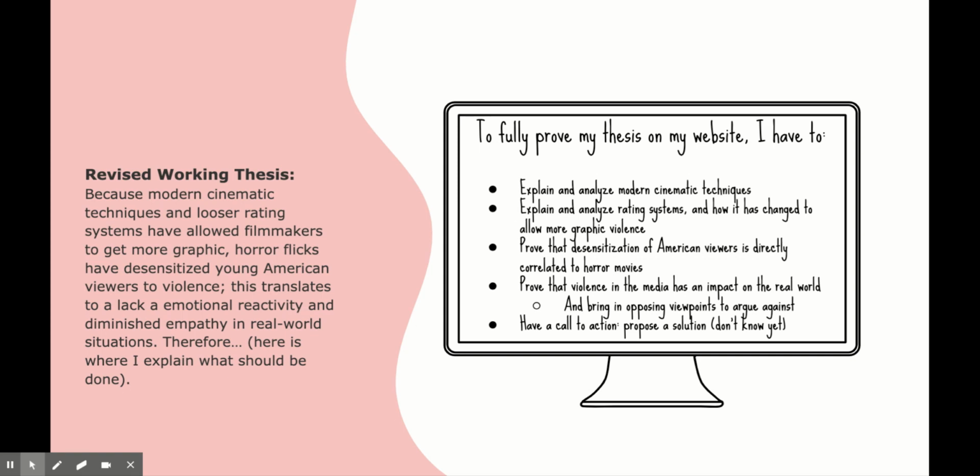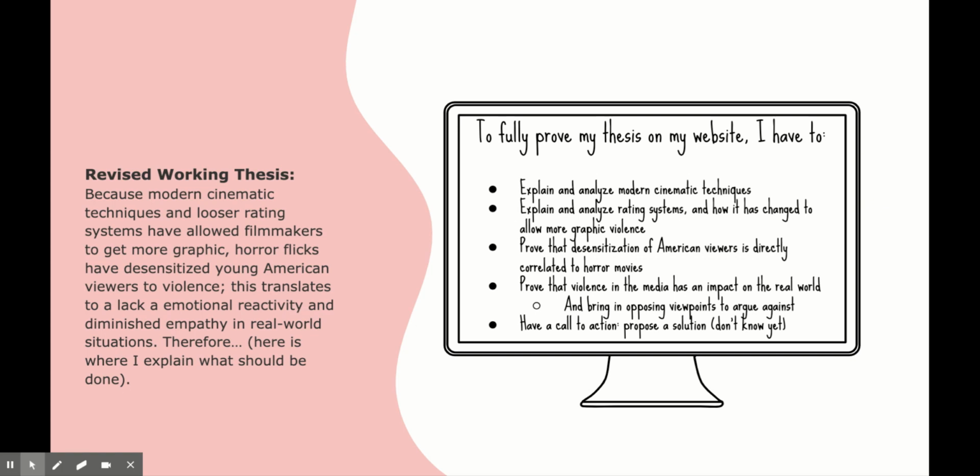To fully prove my thesis on the left in my website, I have to have pages that explain and analyze modern cinematic techniques, explain and analyze rating systems and how they have changed to allow more graphic violence, prove that desensitization is directly correlated to horror movies, prove that violence in the media has an impact on the real world, bring in opposing viewpoints to argue against this, and have a call to action that proposes a solution.